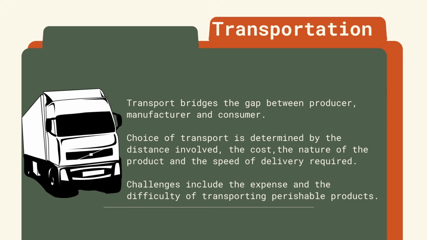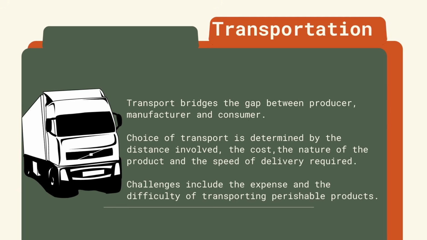Now, the choice of transport is determined by various things. For instance, the distance that is involved, the costs that are involved, the nature of the product that is being transported, and also the speed of the delivery that is required. You need to note that some produce will need the driver to drive at a very low speed.